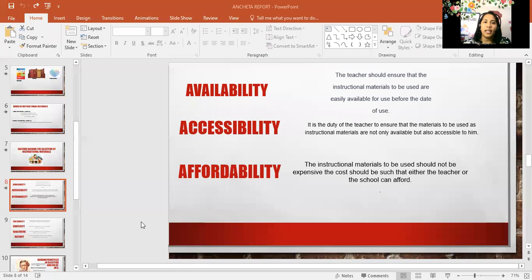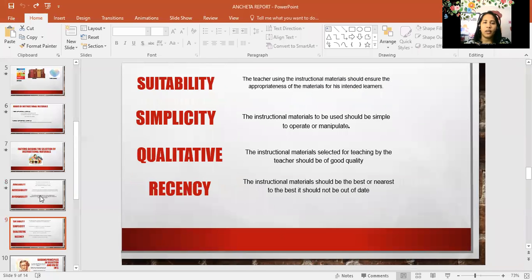Okay. Next slide is suitability. It means it should be suitable, ensuring the appropriateness of the materials for the intended learners.